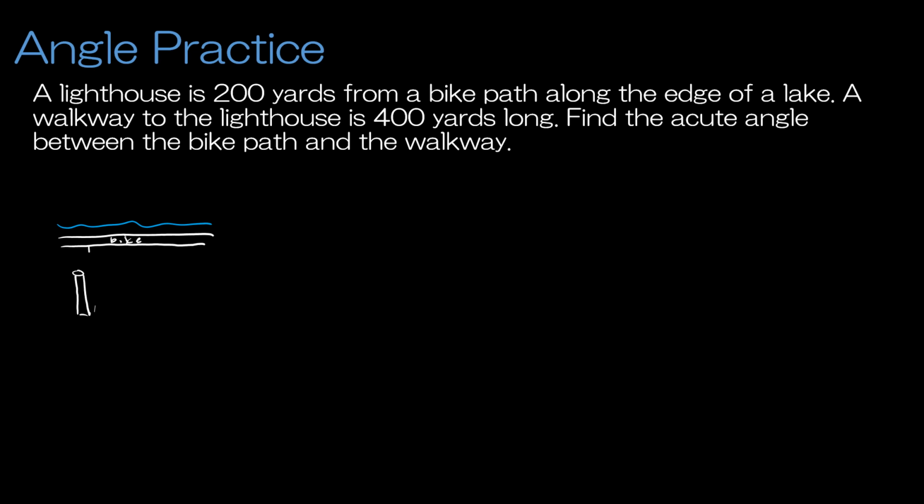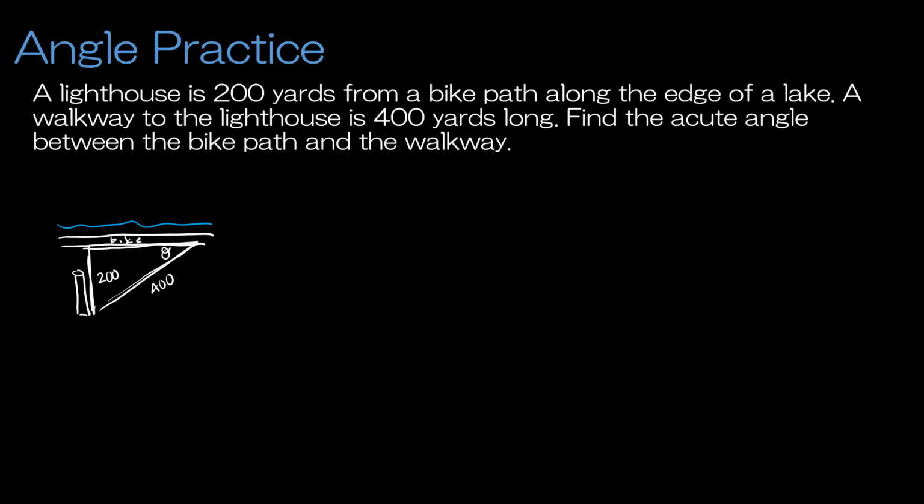So from the base, we've got 200 yards. And we have a walkway to the lighthouse, and that is 400 yards. And we're trying to find this acute angle between the bike path here and the walking path.